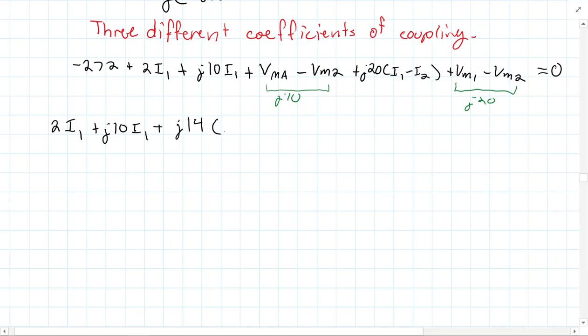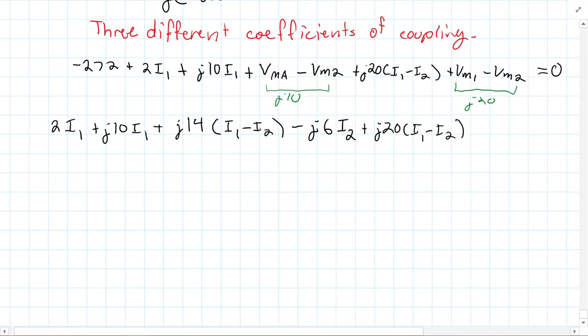And then IA, remember, is I1 minus I2. Minus Vm2. Now Vm2, that's current I2, and remember that is between the 10 ohm inductor and the 4 ohm inductor, which is j6 I2. And then we still have plus j20 (I1 minus I2).